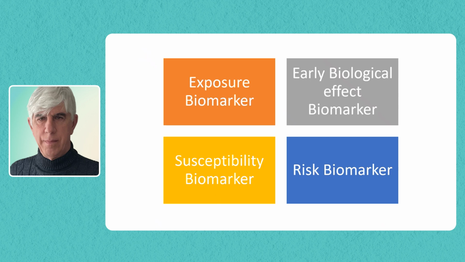But what is really important in this biomarker is that you can try to validate the second part of the path. So is there a link between the frequency of micronuclei, the presence of micronuclei, and the risk of disease, cancer or other diseases?